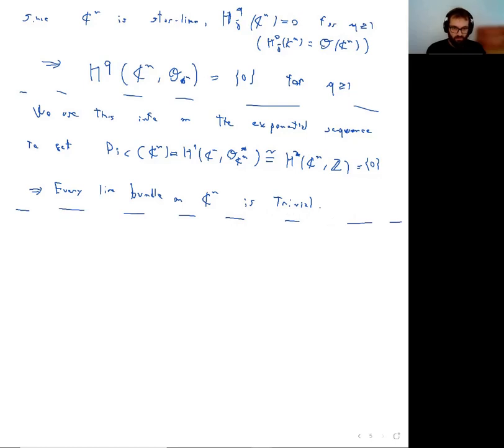And we explored the connection between line bundles and divisors, for instance. Let's also look at that.